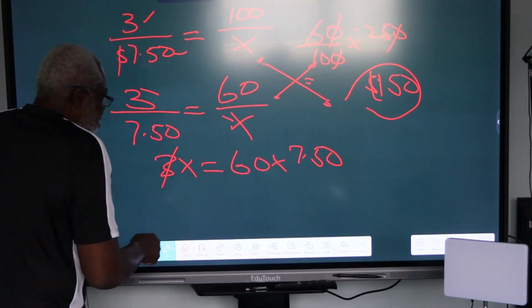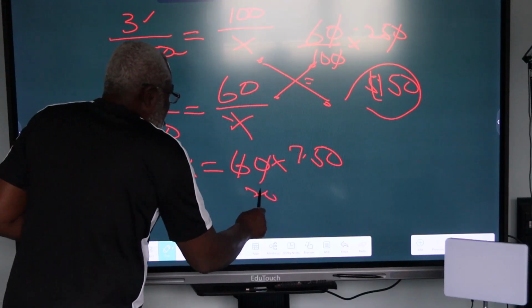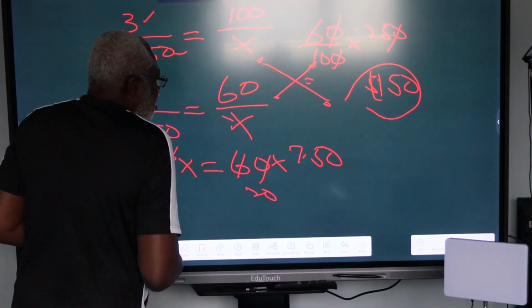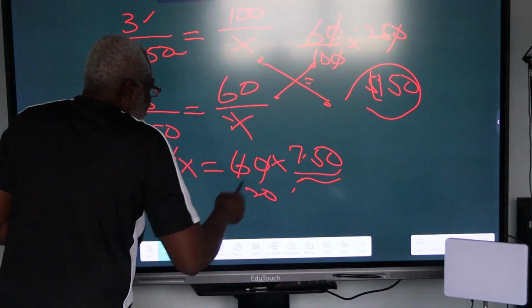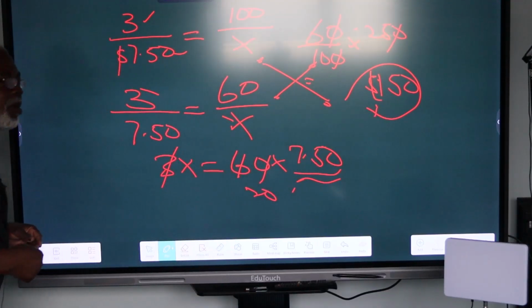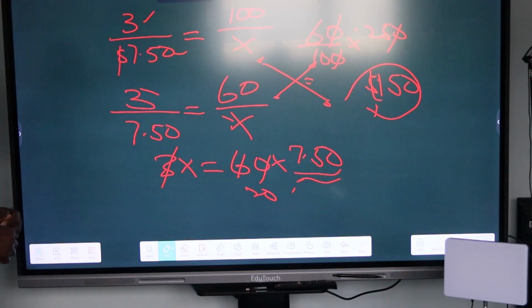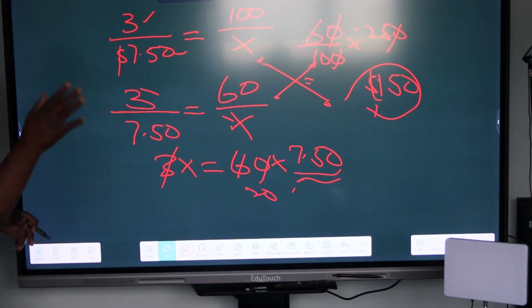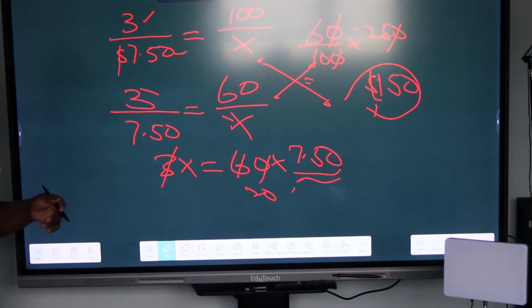This one will cancel and this one will go here, 20. Multiply 20 by 7.5 and you get 150. So always when you are given problems in ratios, try and think of percentage or fractions, and try and compare 2 fractions and then solve for the unknown.